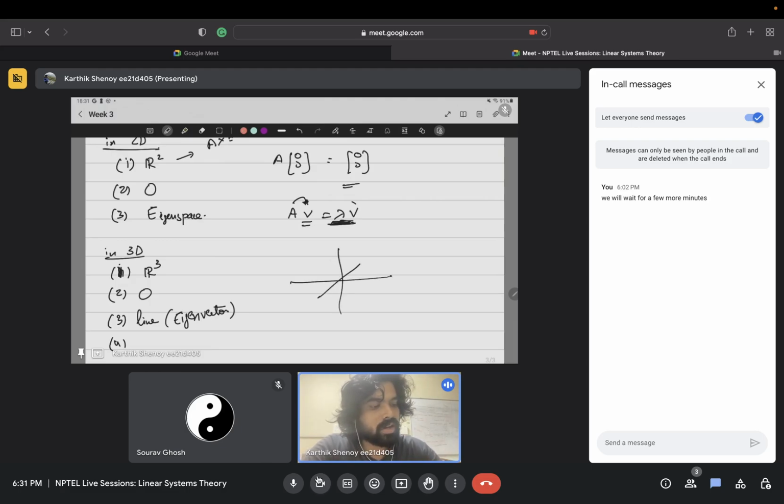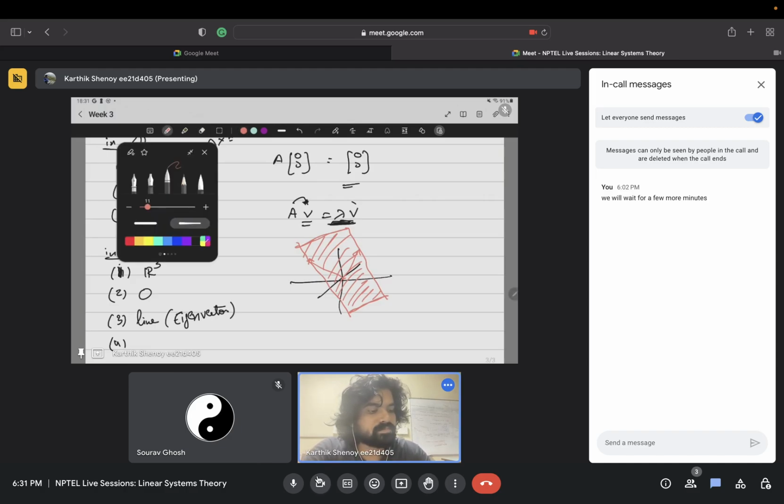So you have two eigenvectors, which means the plane which passes through these vectors is also the eigenspace, right? Because it is the span of these two eigenvectors. So this entire thing can also be an invariant subspace. We can actually see that by an example.